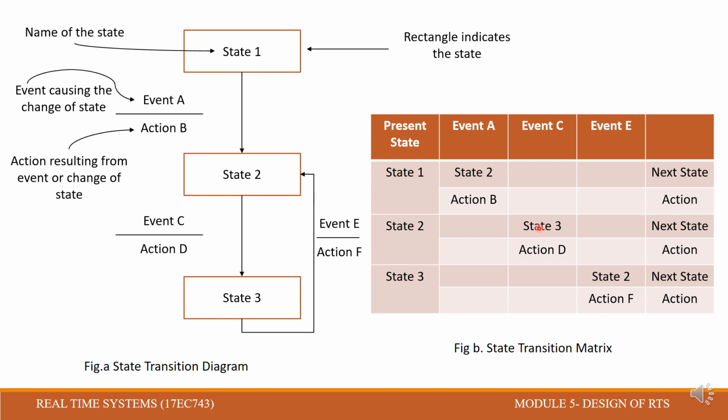Similarly for state 2, to find the next state you have to see the arrow, it is going to state 3, and the action will be action D. For state 3 the next state is state 2, and the action is F. This is how you write the state transition diagram and matrix. Like this, we can write the control transformations for any real-time application.